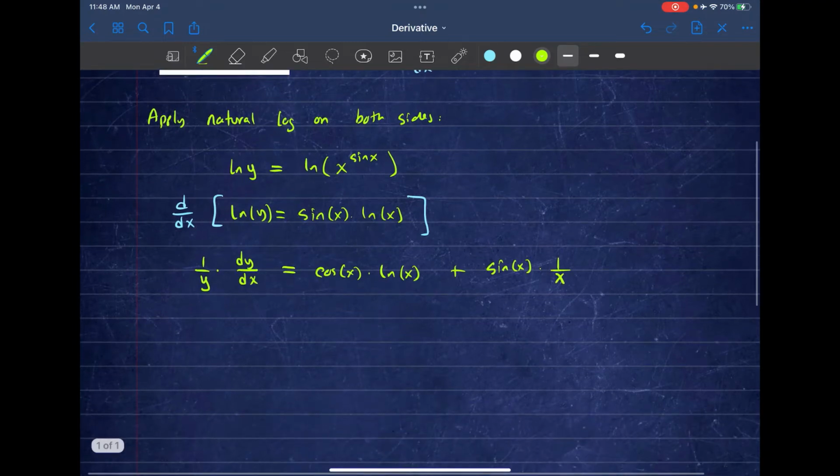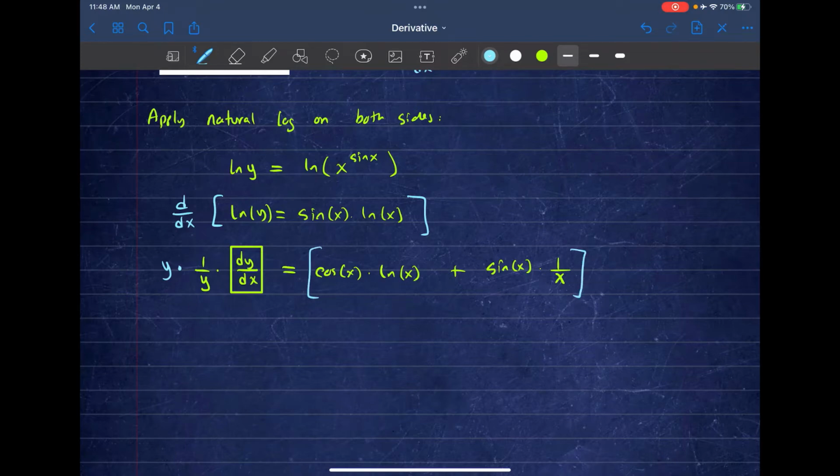And now we simply solve for this variable, which is dy/dx, our derivative. Multiply both sides by y to get rid of the y from the left. So you have all of this times y. We have dy/dx is equal to cosine of x ln of x plus sine x over x. Let's put parentheses so we don't misplace anything, times y. Well, what is y?